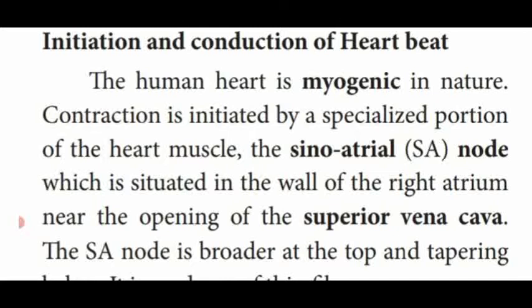The node is named the sinoatrial node, located in the right atrium near the opening of the superior vena cava. It is broad at the top and tapering at the lower region or bottom.